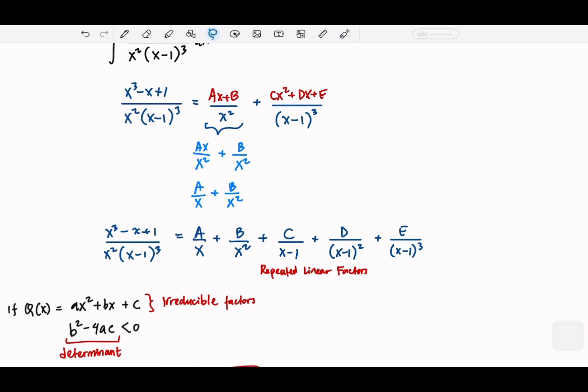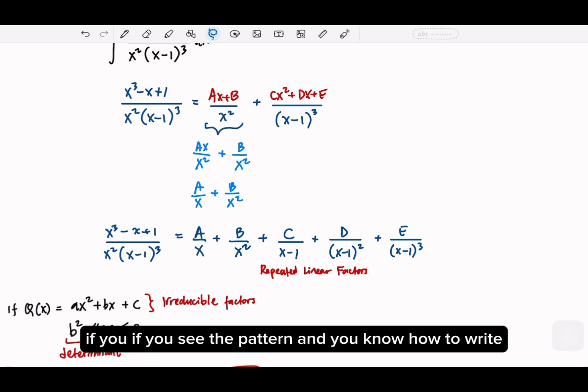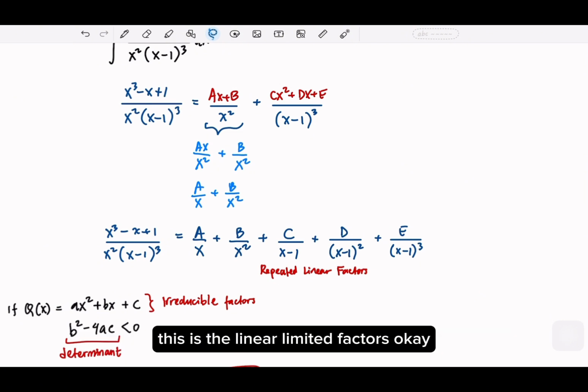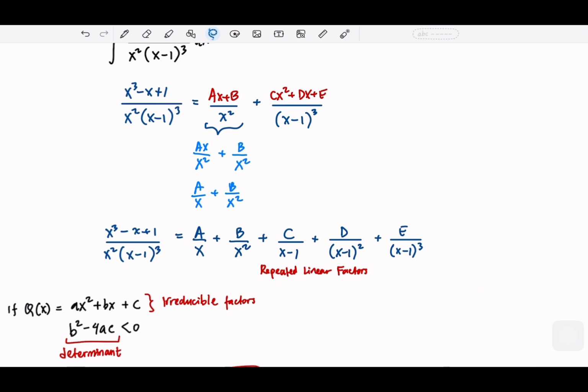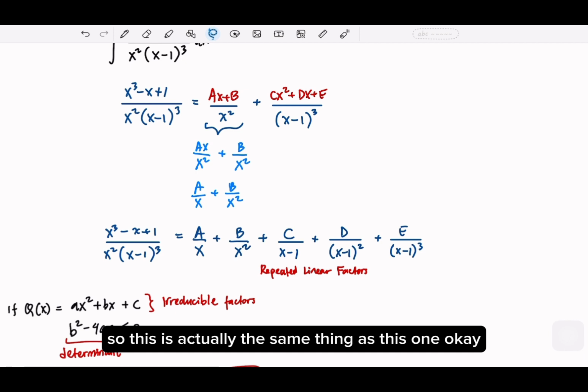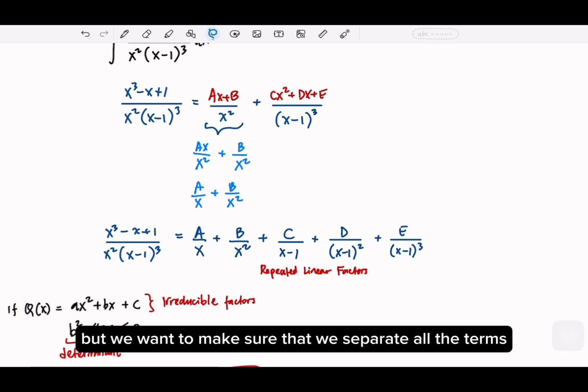Now if you combine this, for sure it will bring back the original equation. The structure is, if you see the pattern and know how to write it, this is the linear repeated factors. After that we can find what A, B, C, D, and E are. This is actually the same thing as this one, but we want to make sure that we separate all the terms.